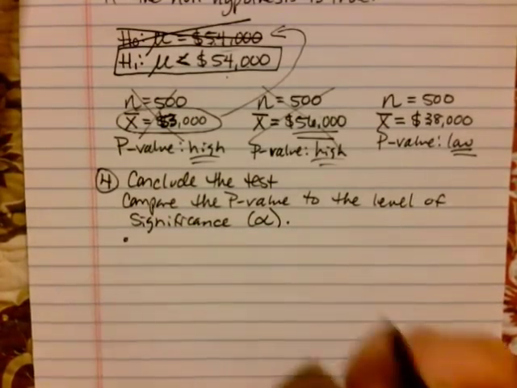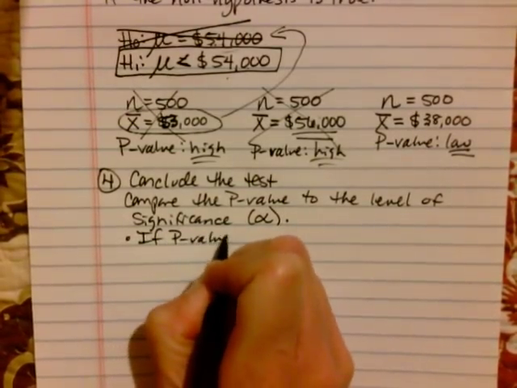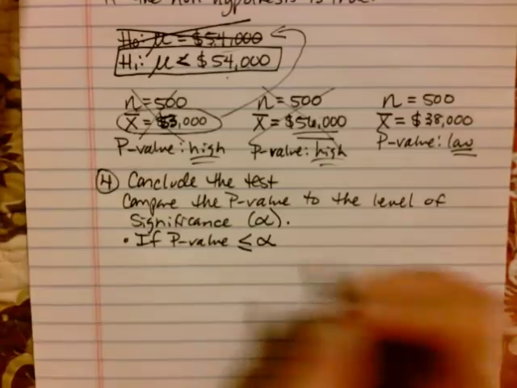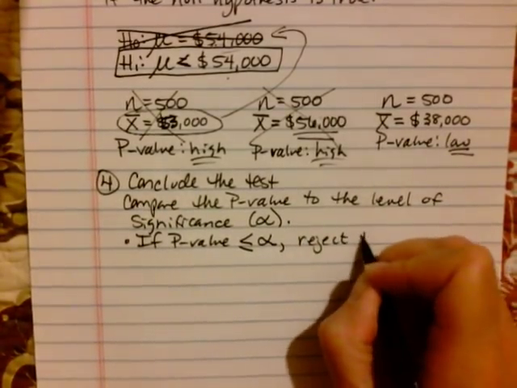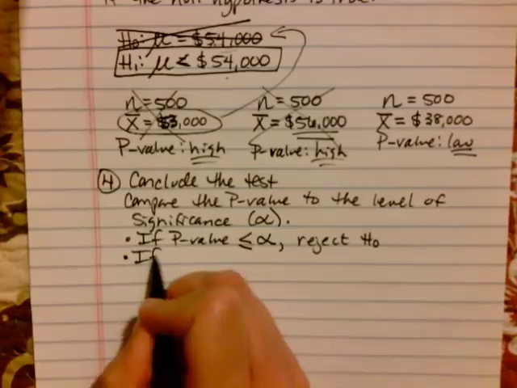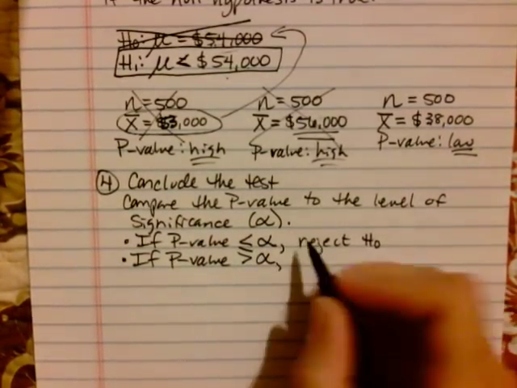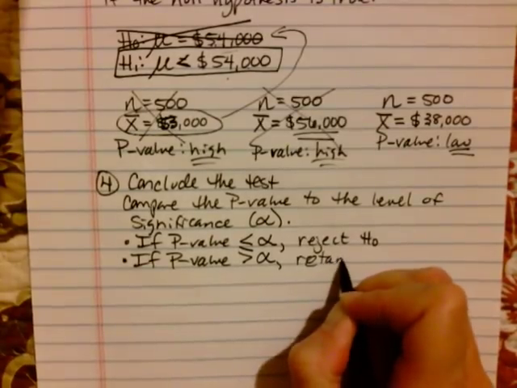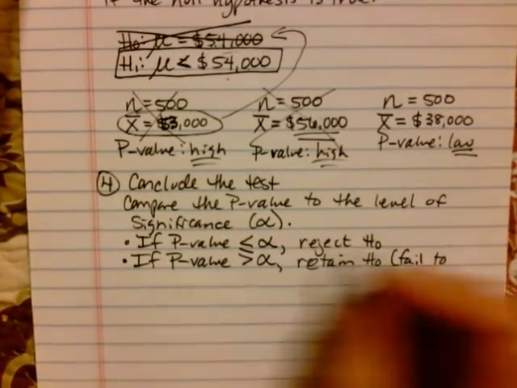But basically, the way that you conclude the test is if your p-value is less than or equal to the alpha level you've selected, then you reject the null hypothesis and conclude in favor of the alternate. If your p-value is greater than your alpha level, then you retain the null hypothesis, or you fail to reject.